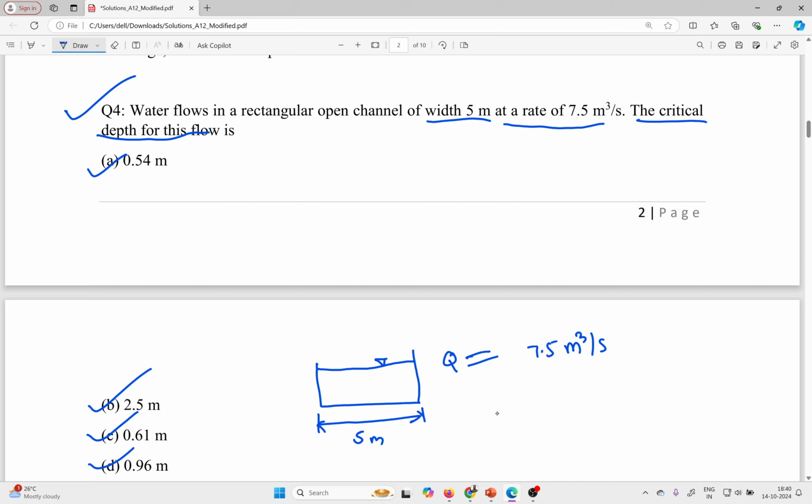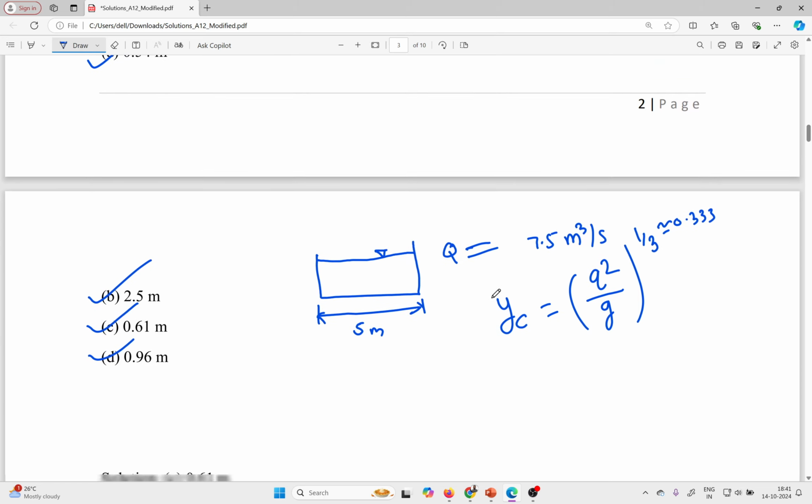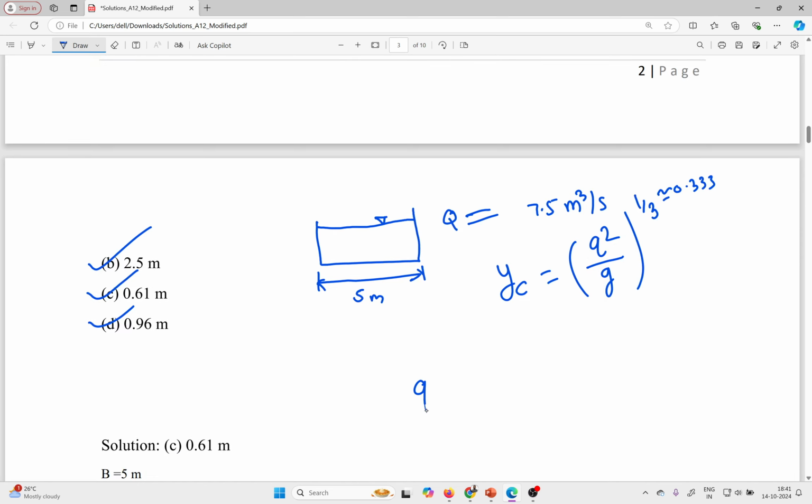Now you need to calculate your critical depth. So critical depth is nothing but (q squared by g) to the power 1 by 3, or you can say 0.33. Now, what is q? Small q is nothing but discharge per unit width.